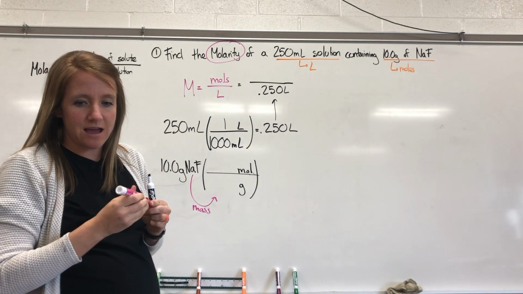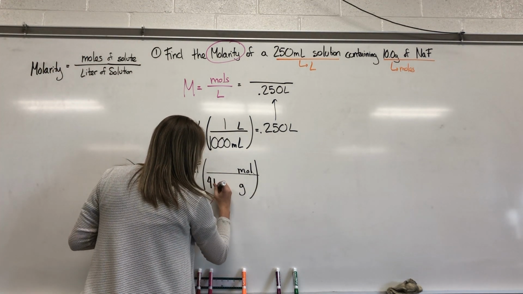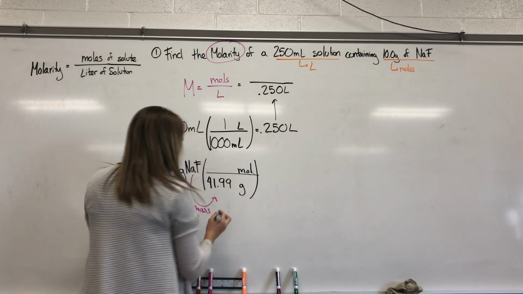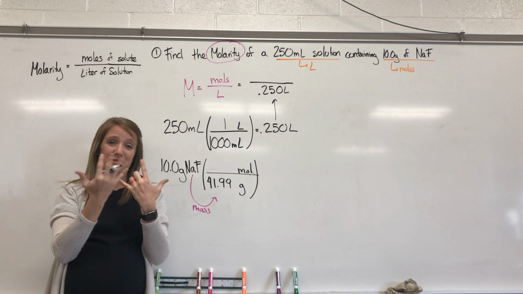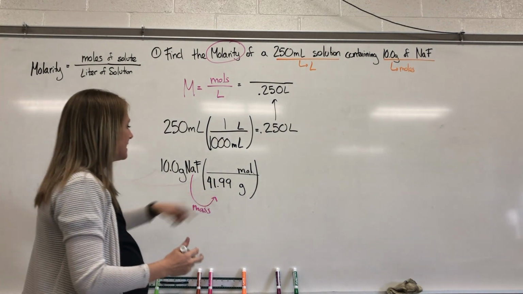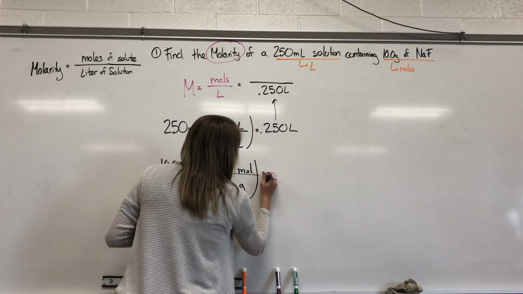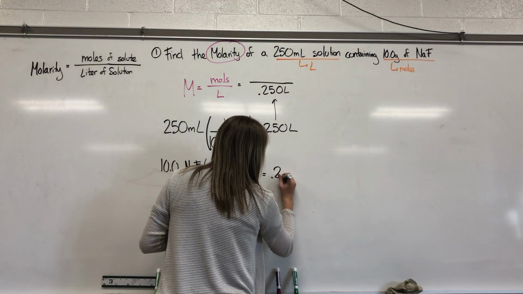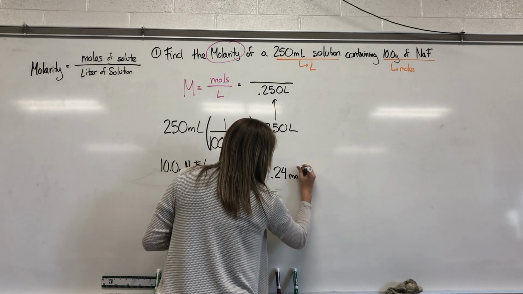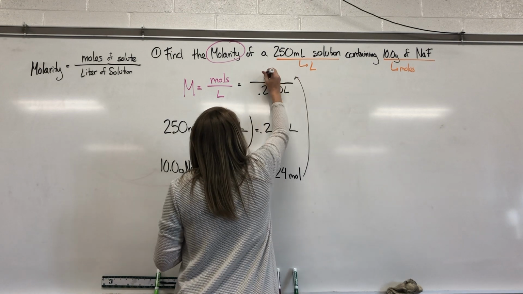When I added it up, it was 41.99. Remember to always keep 2 decimal places with every mass that we do. That should keep us fairly uniform with our answers. I divide that through and I got 0.24 moles. So that's going to go on the top of my fraction.